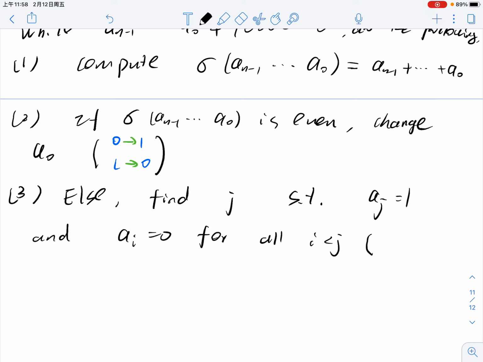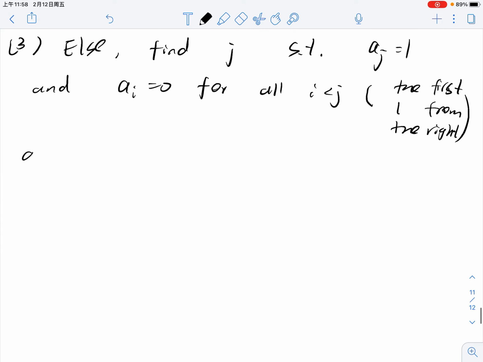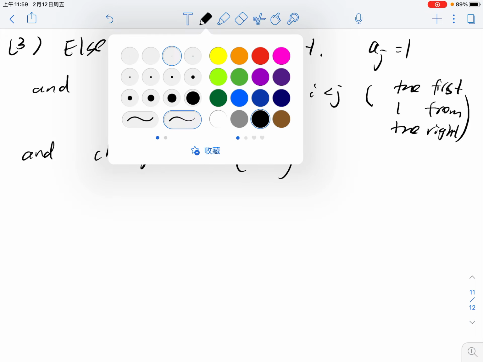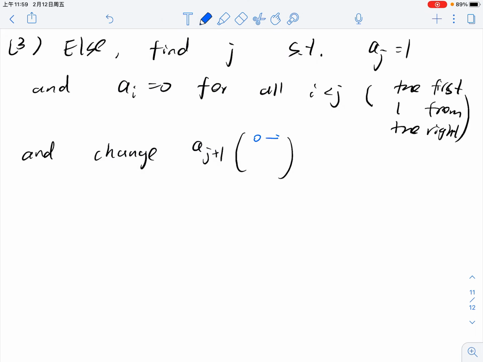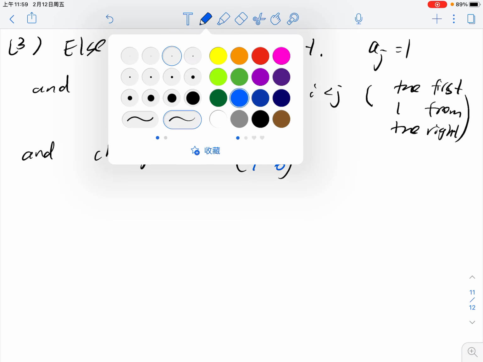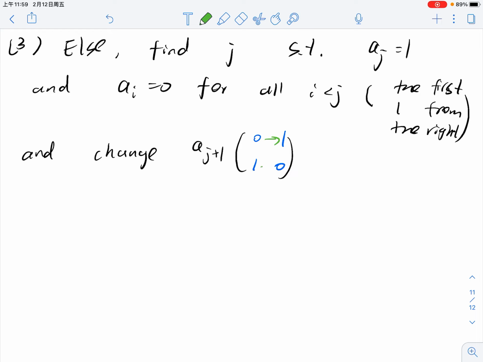Or in other words, the first 1 from the right, and then change A_{j+1}, still according to the rule that 0 to 1, 1 to 0.